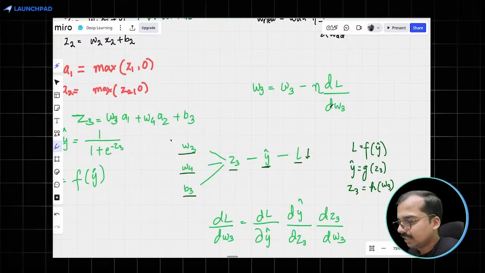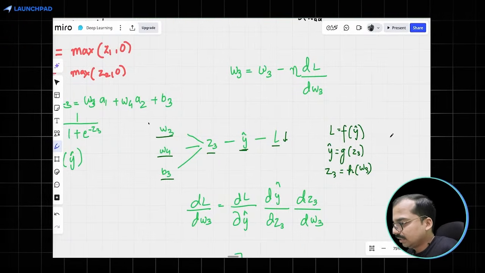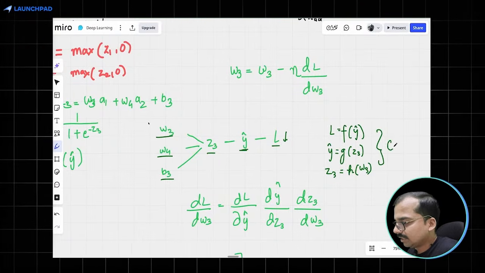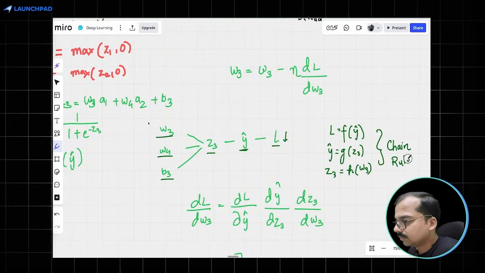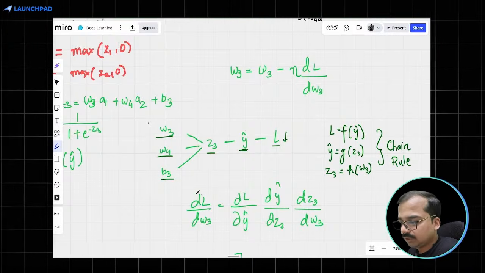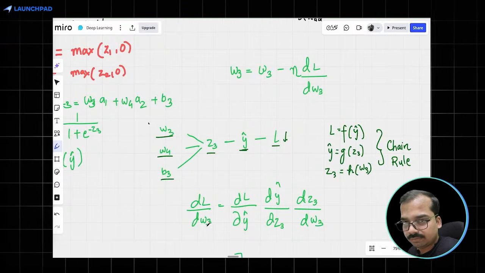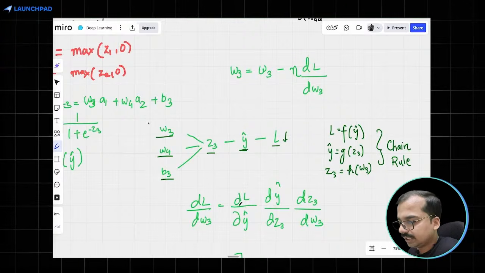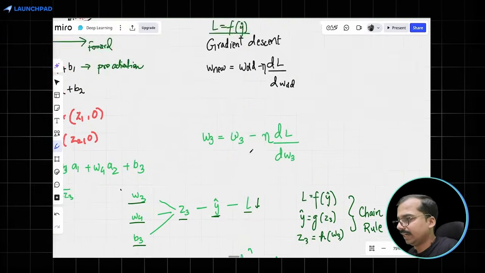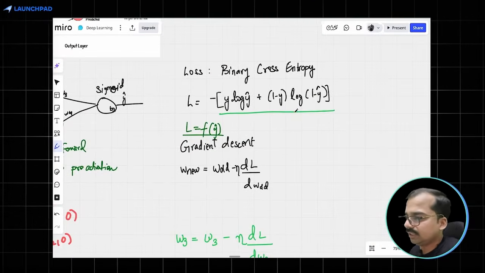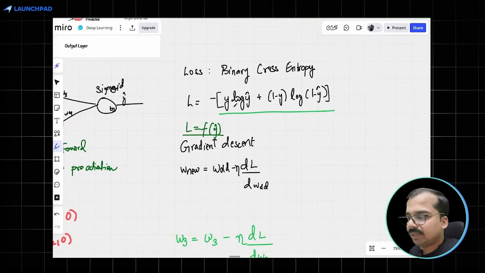Don't you think this is similar to what we saw before, the chain rule? If I want the derivative of loss with respect to w3, I take the derivative of loss with respect to first y hat, because loss is directly dependent on y hat. If you see this equation, loss is directly dependent on y hat.